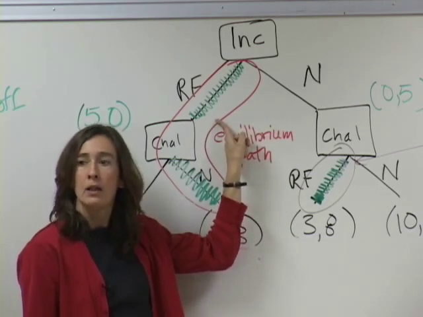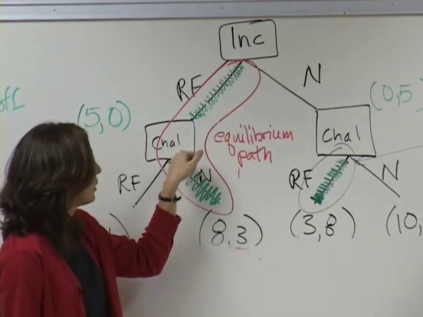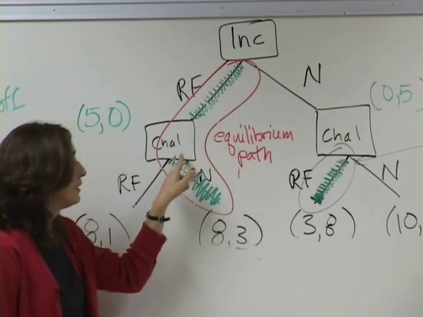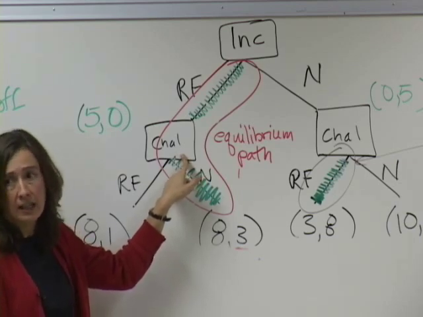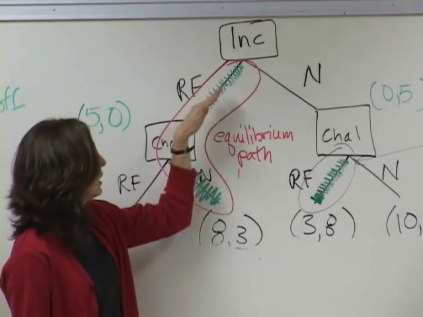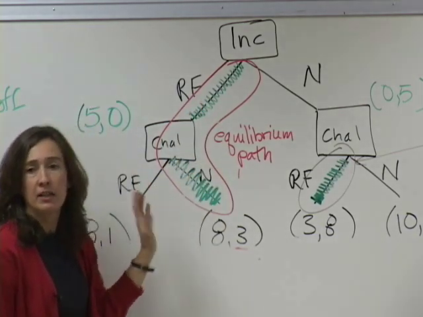Similarly, if I'm the challenger and the incumbent is going to raise funds, I can't do better by changing my strategy either. There's nothing I can do if the incumbent is going to raise funds. There's nothing I can do to get myself a higher payoff.